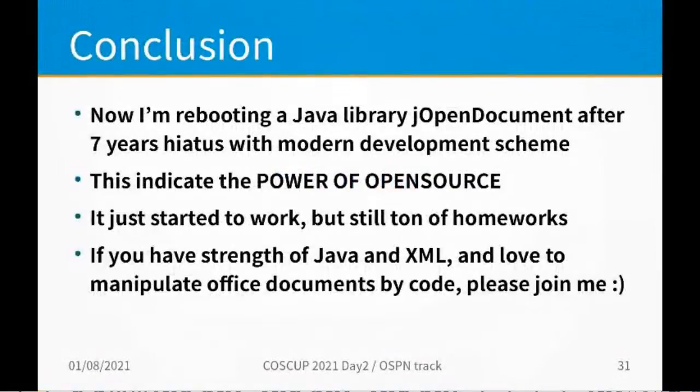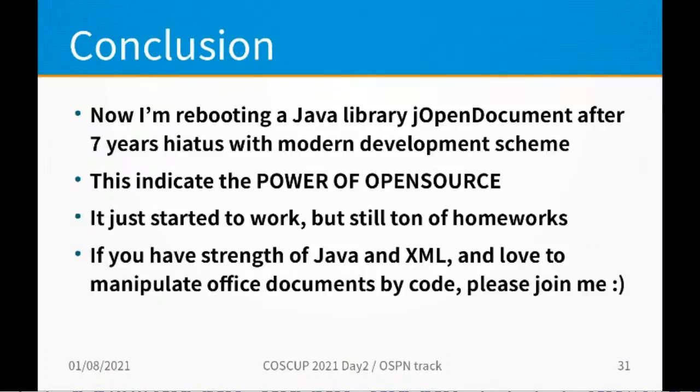Conclusion. Now I'm rebooting a Java library, jOpenDocument, after a seven-year hiatus, with a modern development scheme: GitHub, GitHub Actions, unit testing, and so on. This indicates the power of open source.